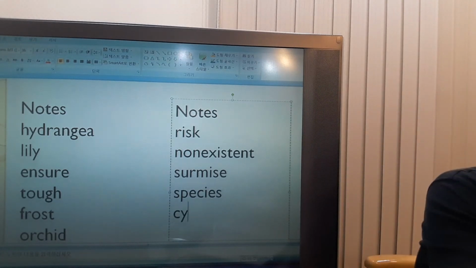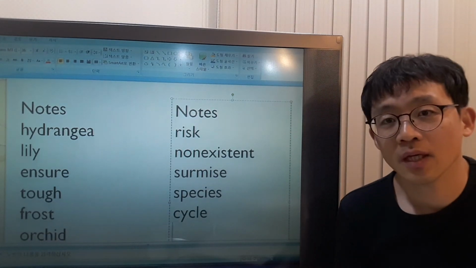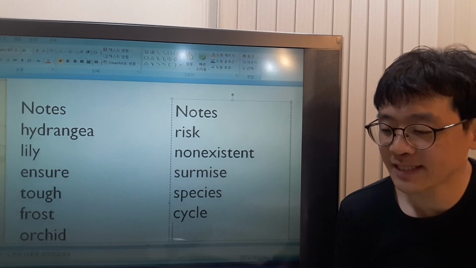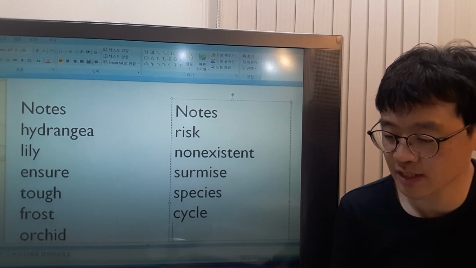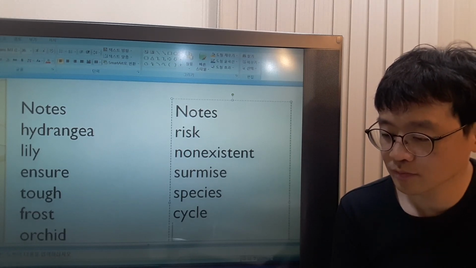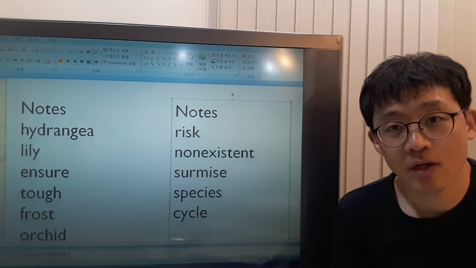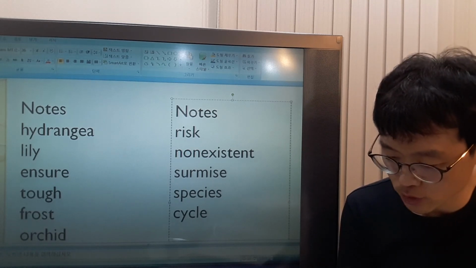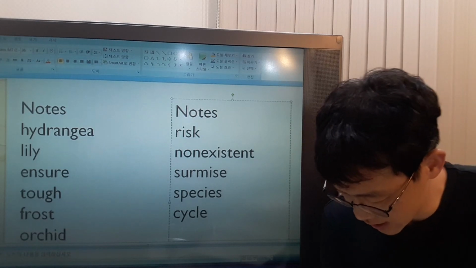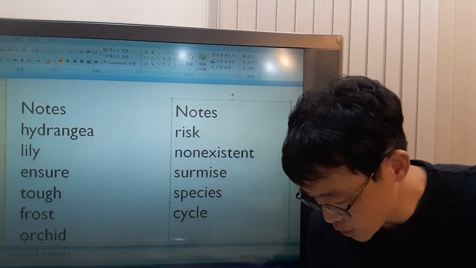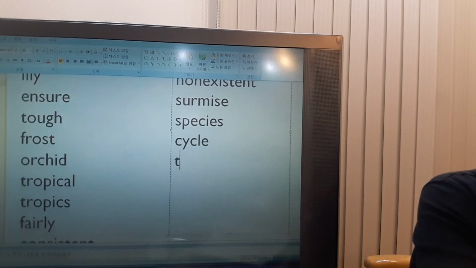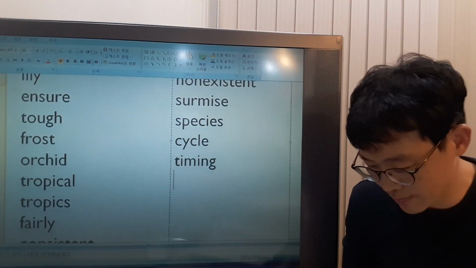What is cycle? Cycle is a series of events or processes that repeats, okay? That repeats in the same order at all times, all right? Own cycle and timing. What does timing mean? Timing means when something happens, all right?